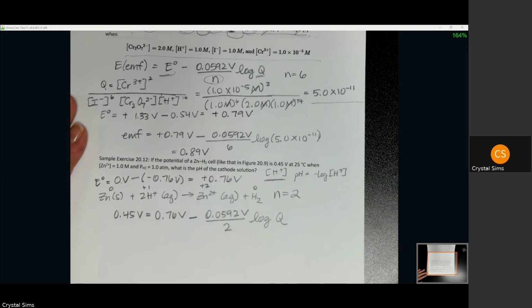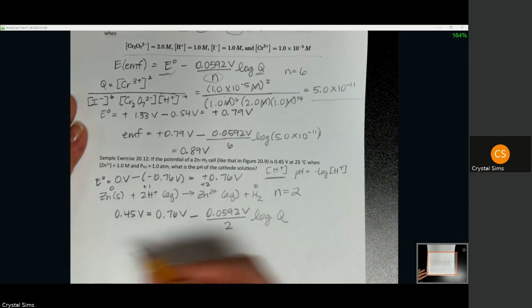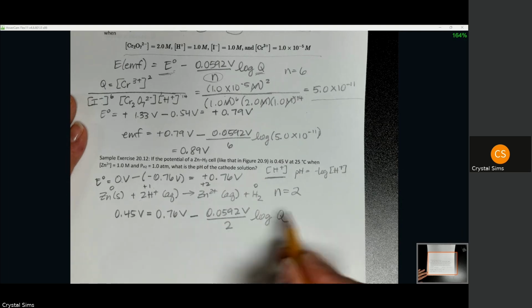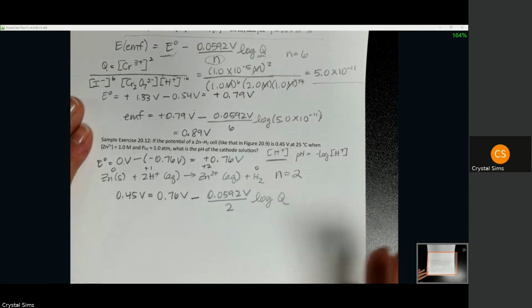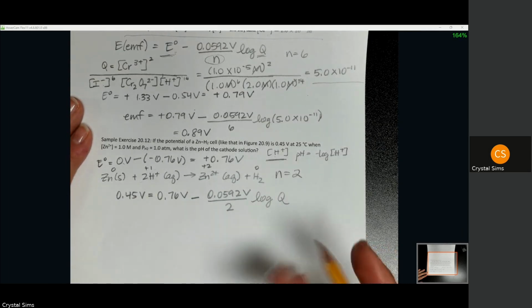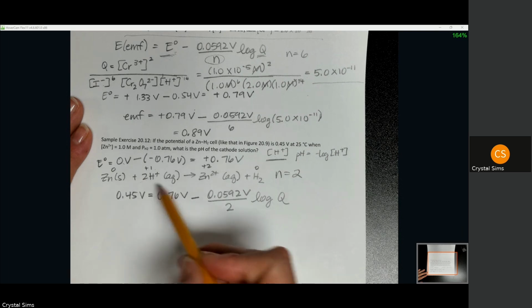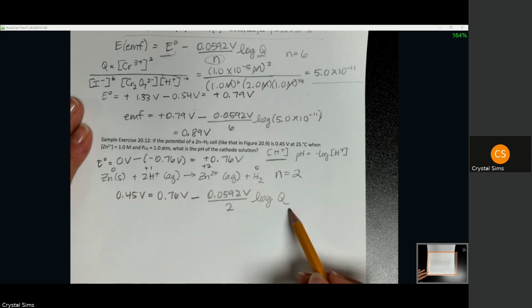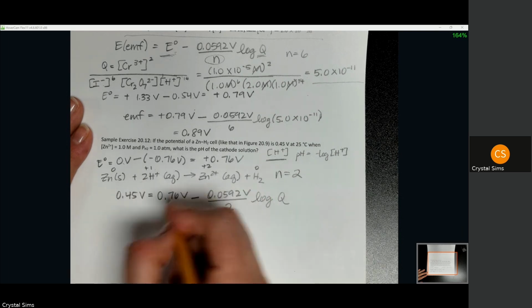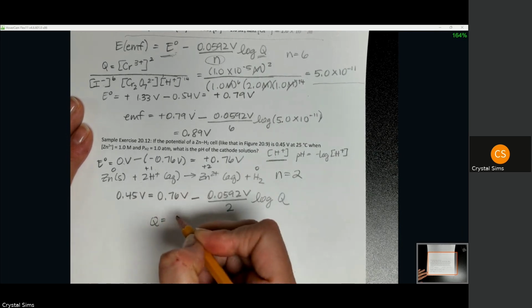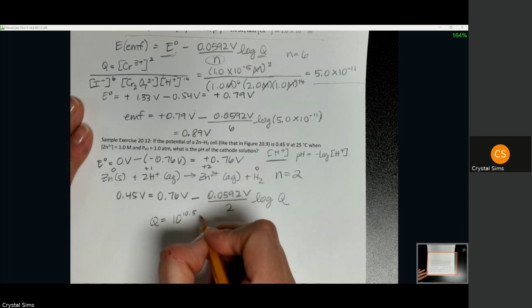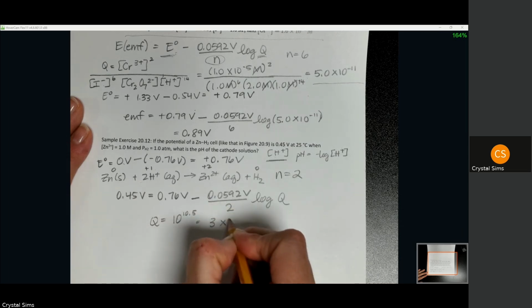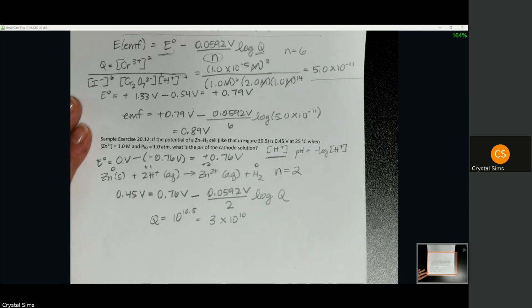Okay, they didn't give us Q. They gave us everything else, or we figured it out. So we're going to solve for Q. When we do all of the math here, get all of this on one side and solve for Q, Q is equal to 10 to the 10.5, which is equal to 3 times 10 to the 10th. You say, how in the world do you do that?